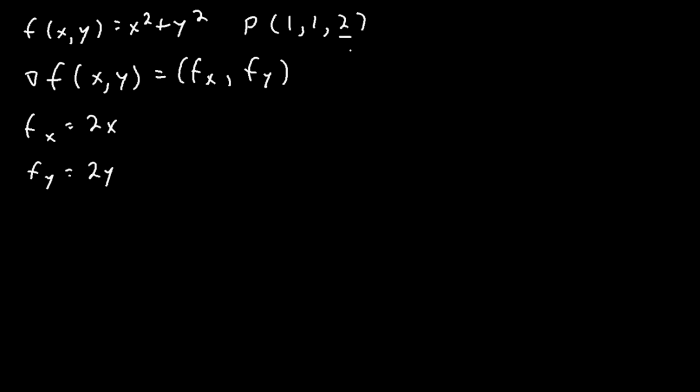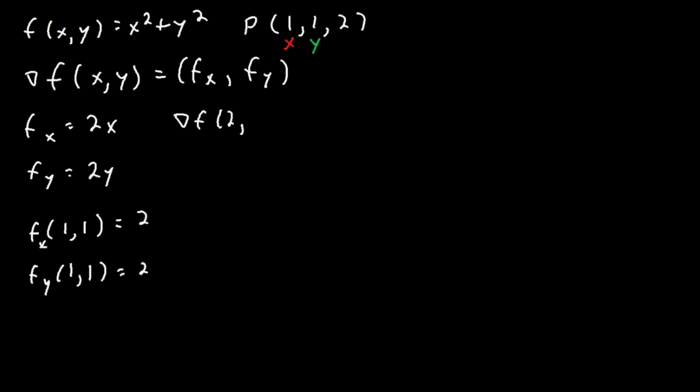Notice how there's no z point here, so we just ignore it, and we just use the x and y coordinates. So we plug in 1, 1 for our x and y partials, and we get 2. So our gradient is (2, 2).